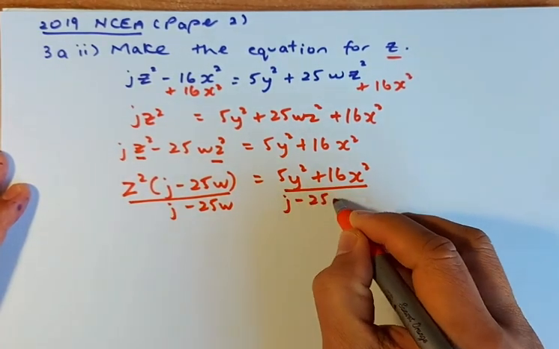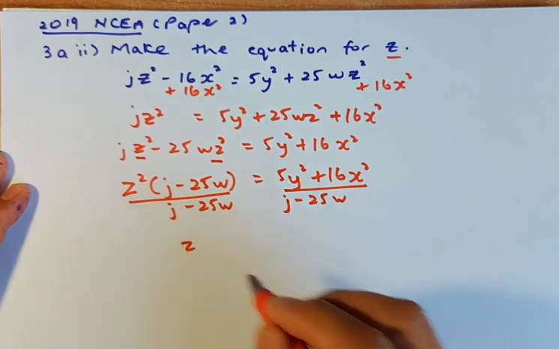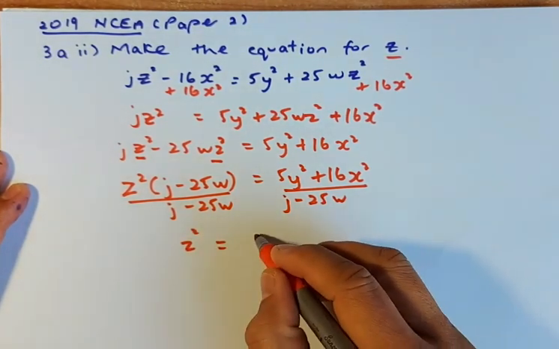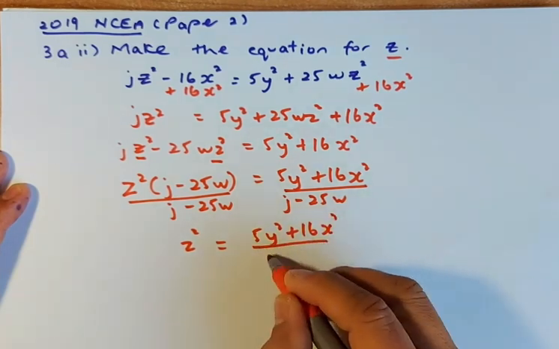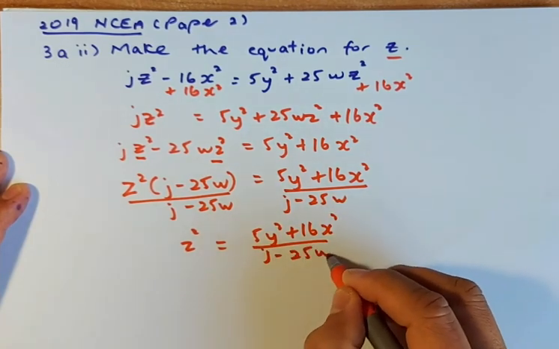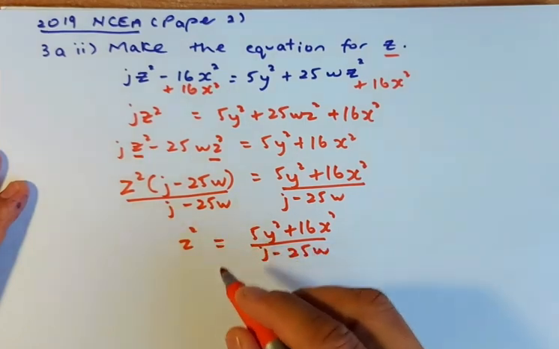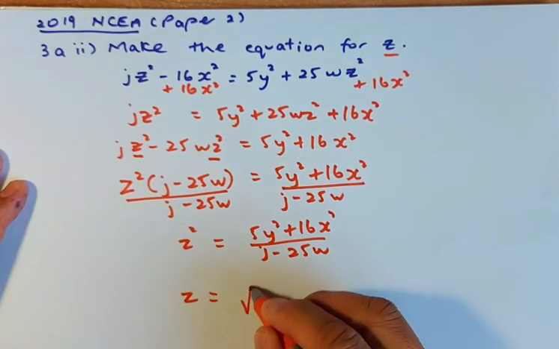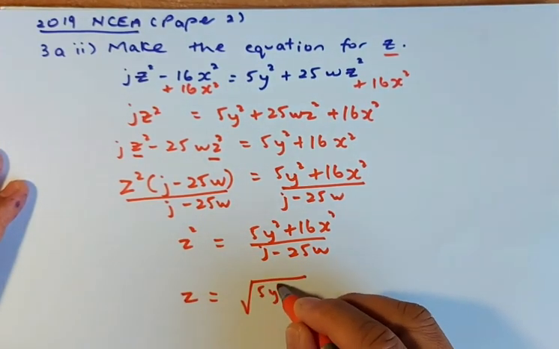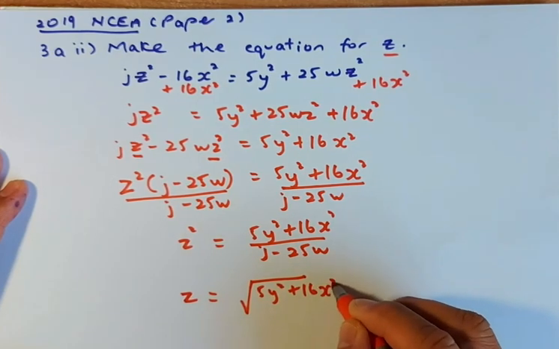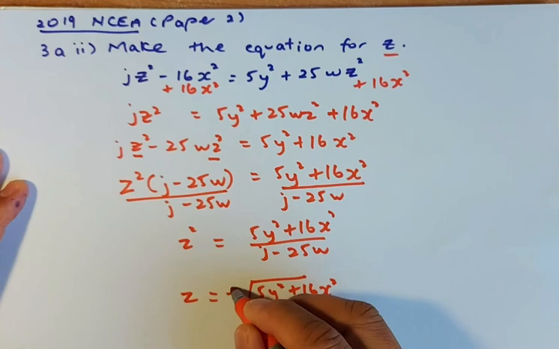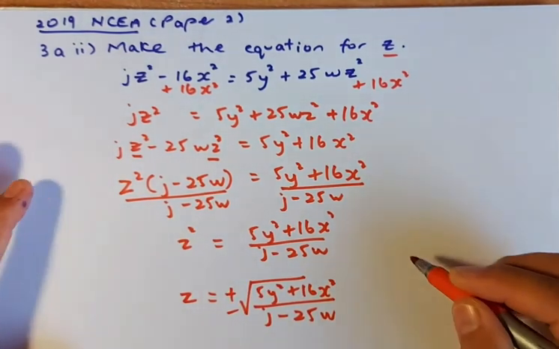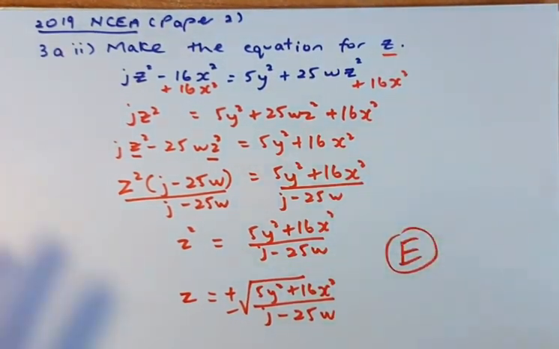So your equation is left with z squared equals 5y squared plus 16x squared over j minus 25w. And because it's a square, the reverse of a square is the square root of 5y squared plus 16x squared divided by j minus 25w, and most likely you have to put a plus minus, and that will give you an Excellence in NCEA Level 1.